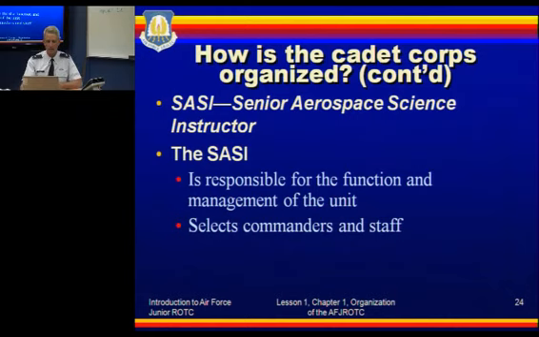It says selecting commanders and staff. I do not solely select my commanders here. The commanders apply, they interview, and Colonel DeKemper and I talk about it, and then we actually go to Ms. McCraley, the principal. So she's involved in this as far as our commanders.